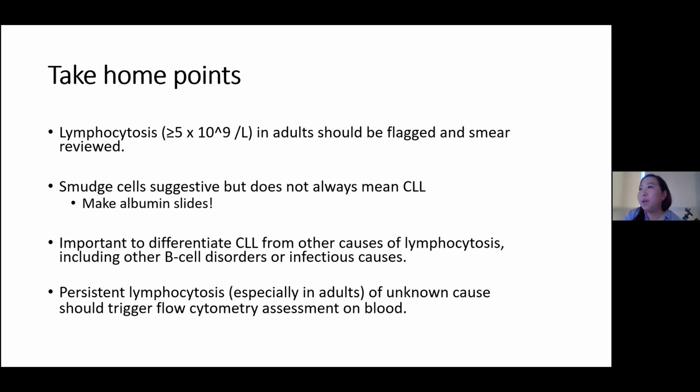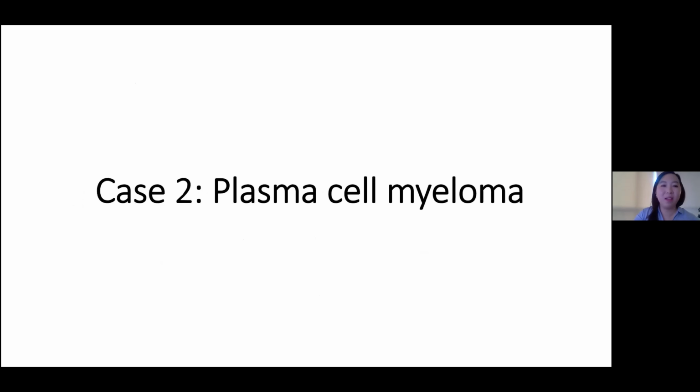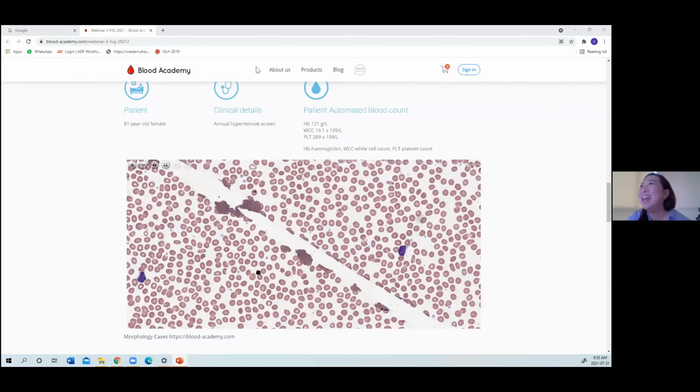And it's important to differentiate CLL from other causes of lymphocytosis, including other B-cell disorders or infectious causes. And if you have persistent lymphocytosis of unknown cause, it should trigger flow cytometry assessment to look for lymphoproliferative disorders like CLL.